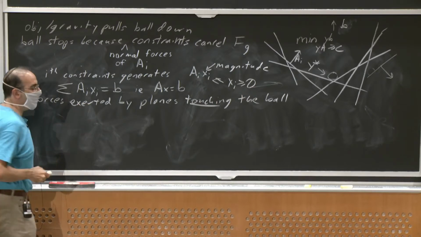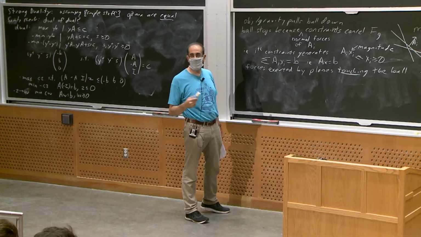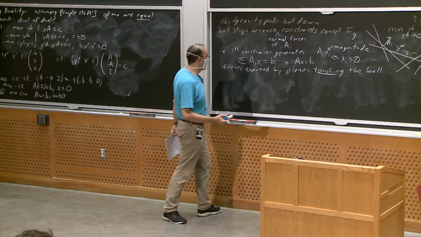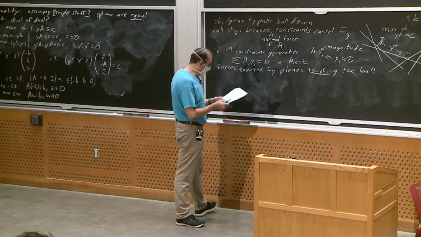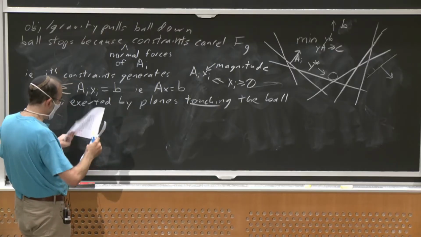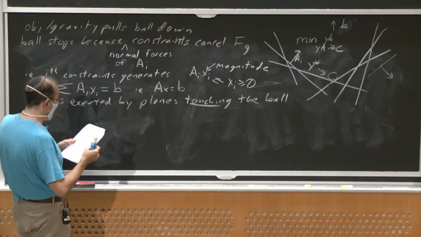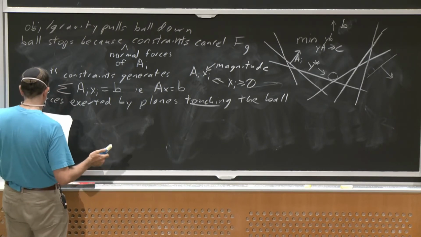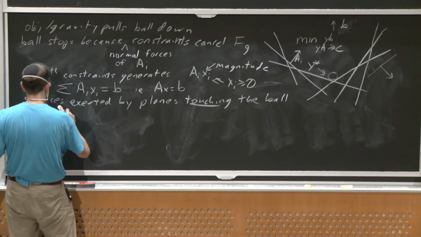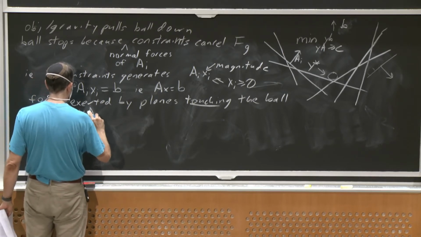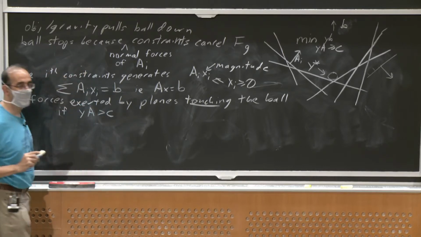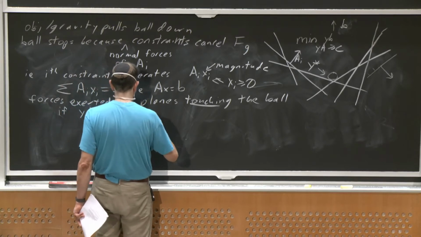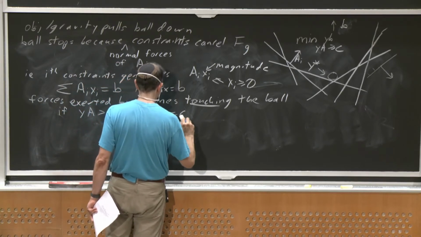But now we just made this point that to exert the force, you have to be tight on a hyperplane, right? Which is to say that if y a_i is greater than c_i, if it's not tight, then x_i is equal to 0.